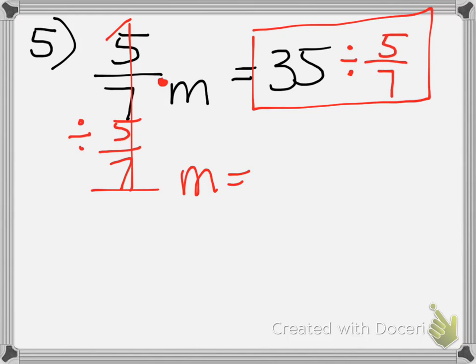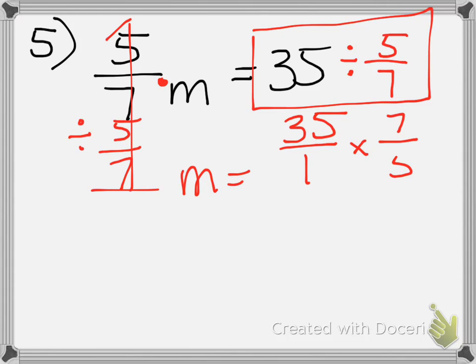What I have to do is make that 35 into an improper fraction. But I'm also going to multiply the reciprocal. I'm going to do both steps this time at the same time. So 35 over 1, we're going to multiply instead of divide. And when we multiply the reciprocal, 7 over 5.